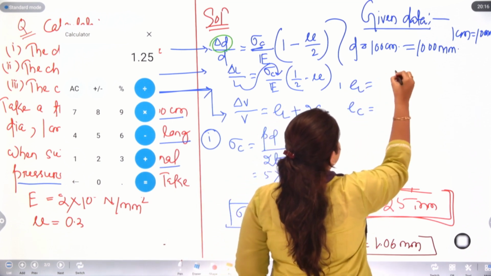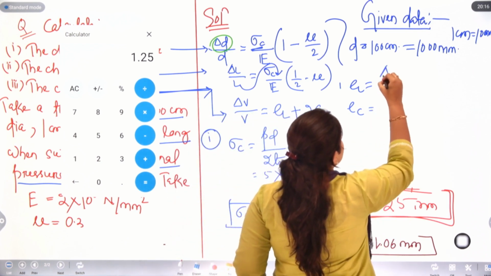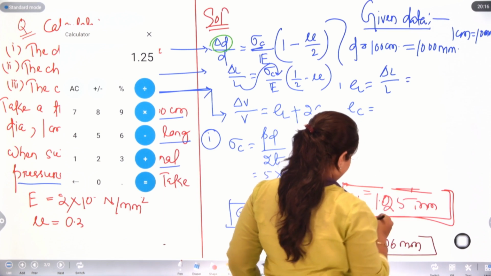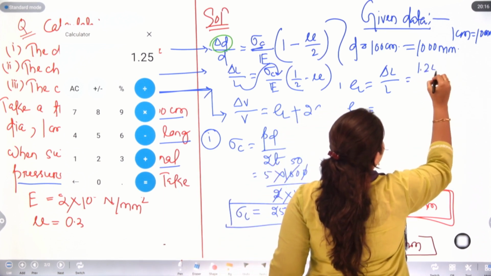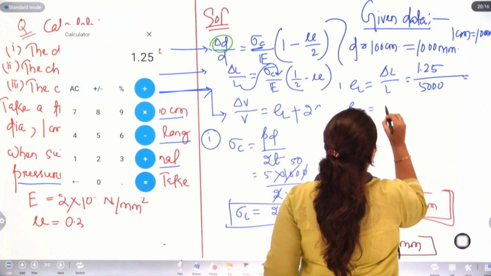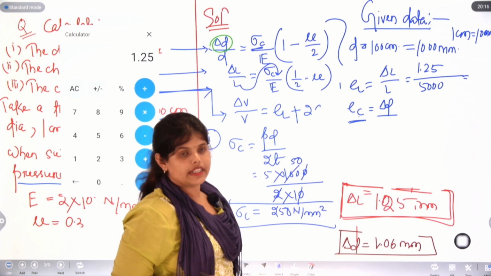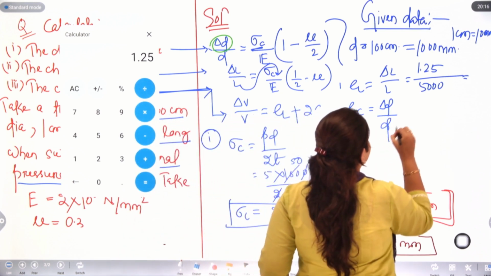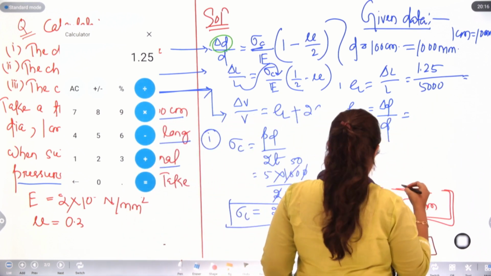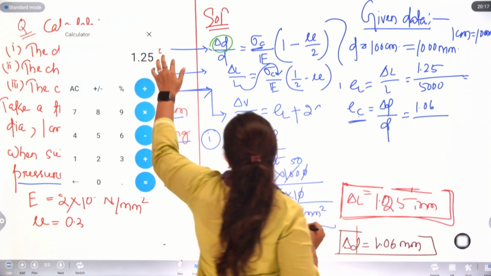EL is our longitudinal strain, that is del L upon L, right? So we take 1.25 upon 5,000 and we will get EL. EC is our circumferential strain. So it will be 1.06 upon D is what?